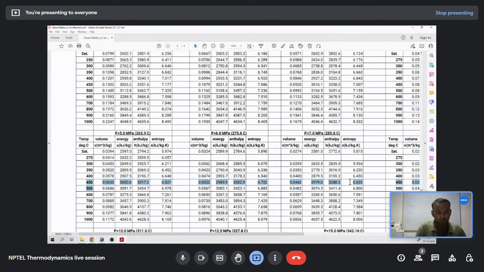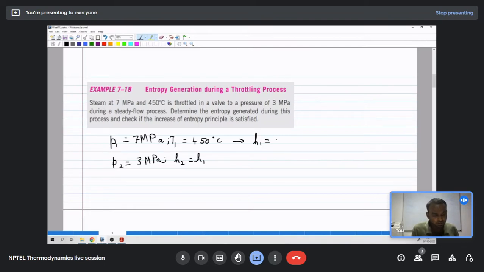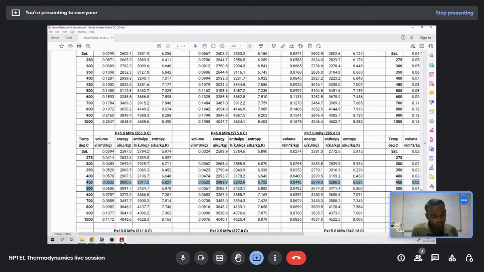So we will note down this. So enthalpy is 3288.3 kilojoule per kg, and entropy is 6.635.